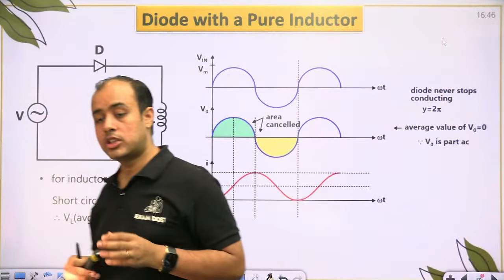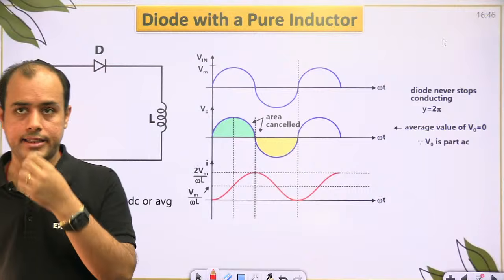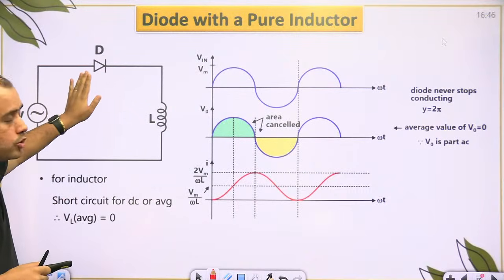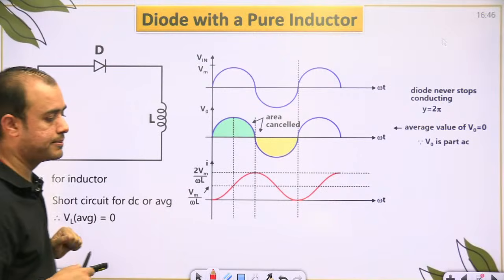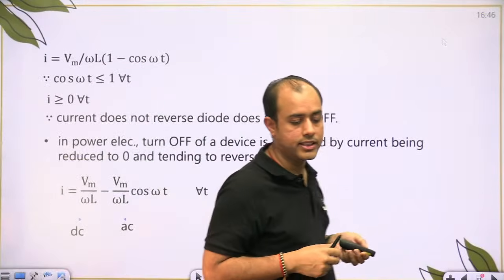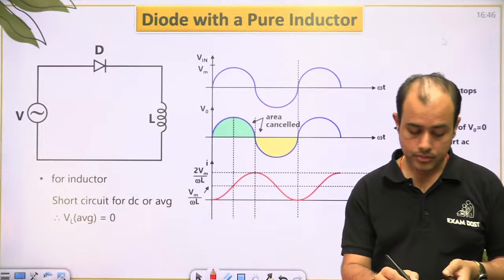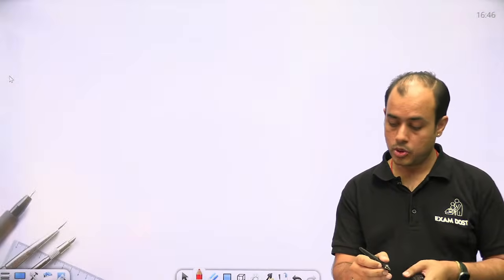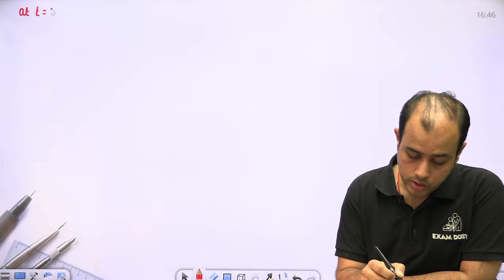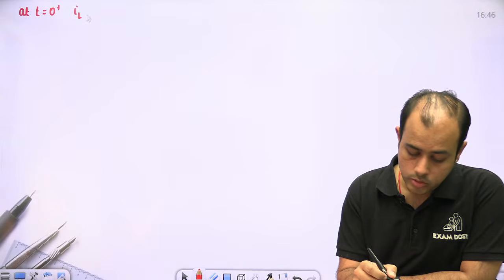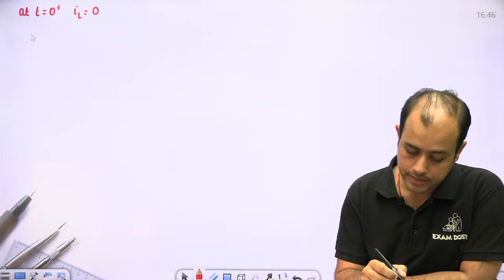Now we talk about the diode circuit. Beta, when a diode is connected with an AC source and an inductor, what happens in this situation is, suppose at t equal to 0, you assume that IL is 0, okay?